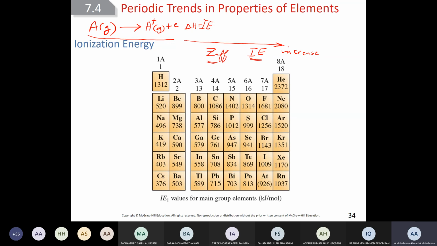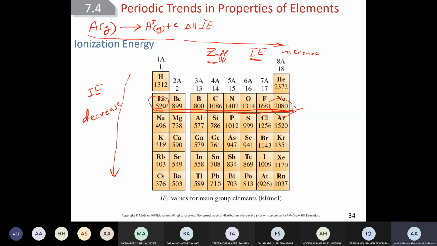And you look at the first period here. What's happening generally? As you go across, the number increases from 520 to 2080. Good. What's happening if you go down in the periodic table? Number will decrease. As you can see, the ionization energy decreases. Good.